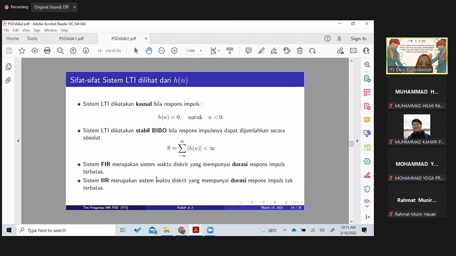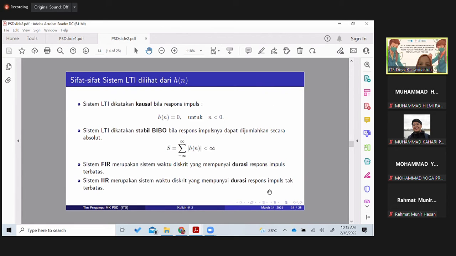It is a discrete time system which has a finite duration of impulse response. And the second one is called infinite impulse response, because the system has an infinite duration of impulse response.